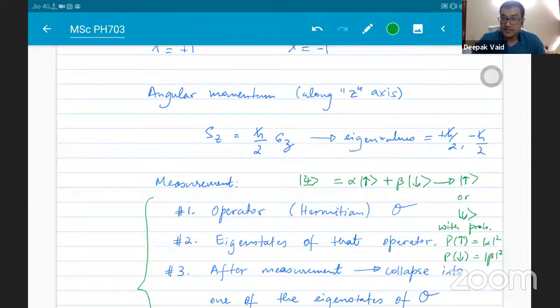And this probability is a statistical statement. So you can't do this experiment once and get alpha and beta.